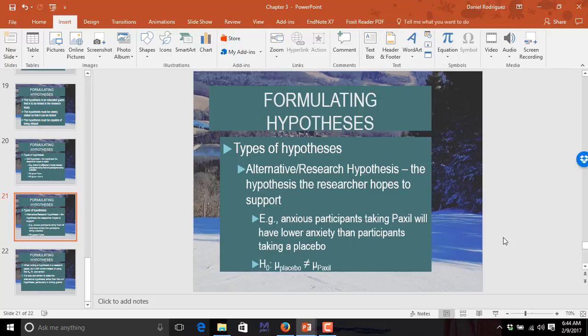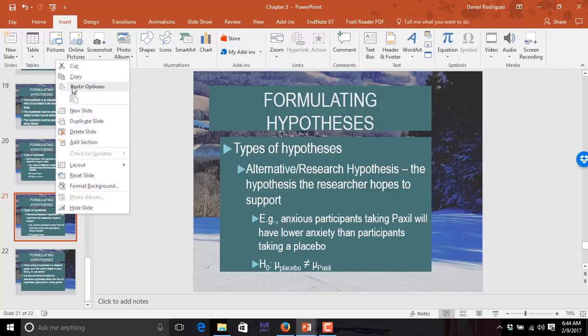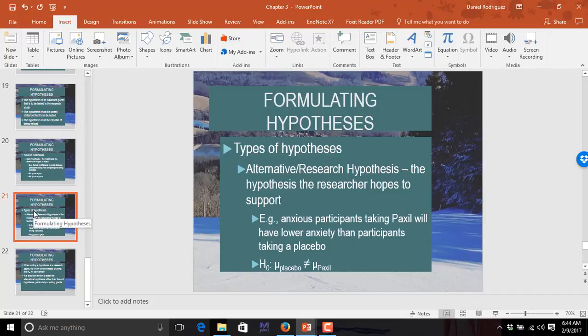So there's two alternatives then. You're going to either go with the not equal, this is one option, like I have right here, or you can go with the other option. So let me copy this slide and paste it here.